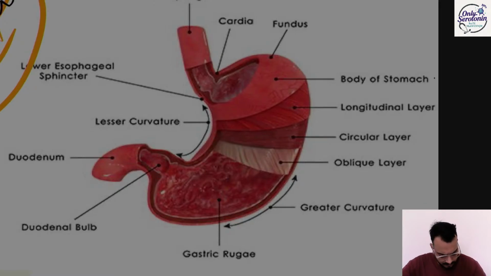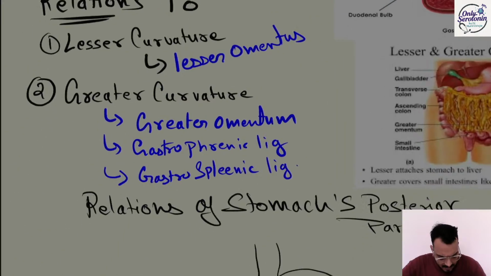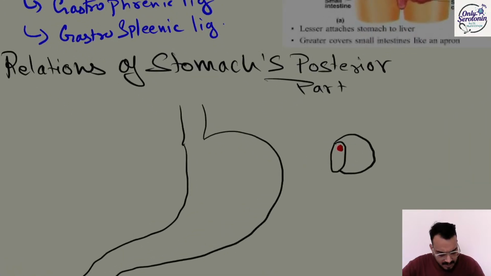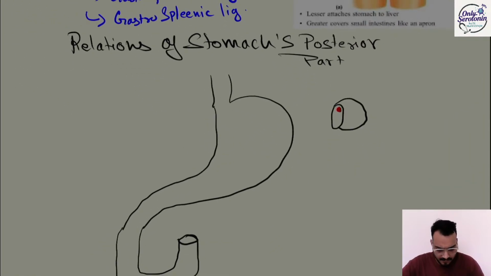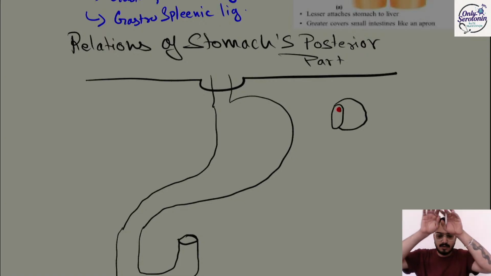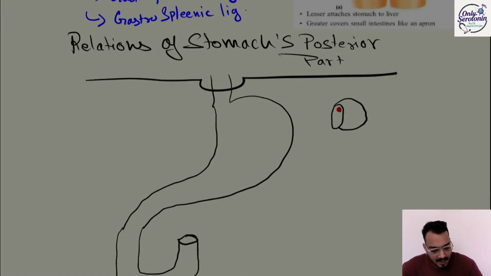Done. Now, let's see the relations which are present on the posterior side of the stomach. So, first of all, it will be my diaphragm. All of us know that the diaphragm is a dome-shaped structure. So, this dome-shaped structure is going to be present behind the stomach also, right?